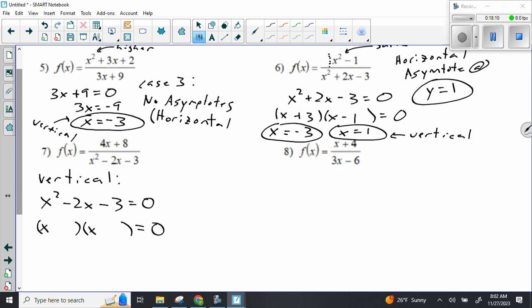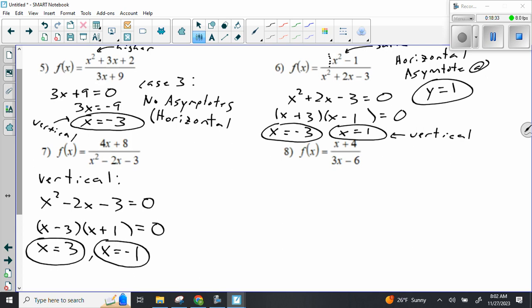Now I need two numbers such that when I multiply them, I get -3, but when I add them, I get -2. I like -3 and +1. So it's a slight change, because now I have a vertical asymptote at x equals 3 and a vertical asymptote at x equals -1. These are my vertical asymptotes.